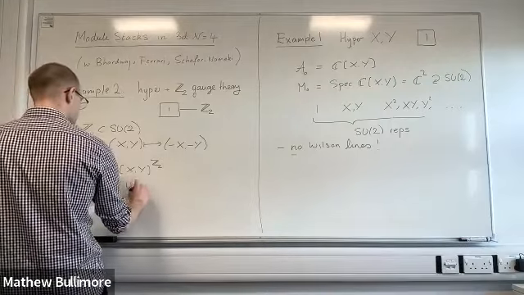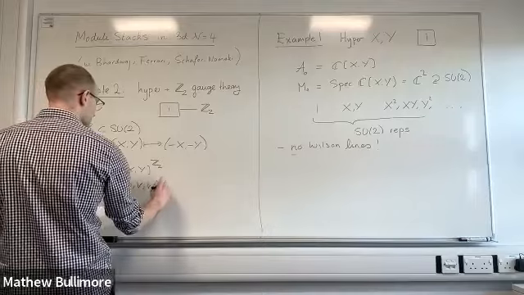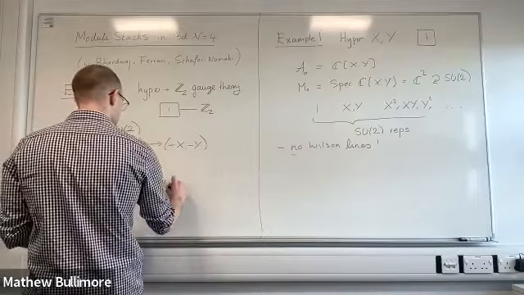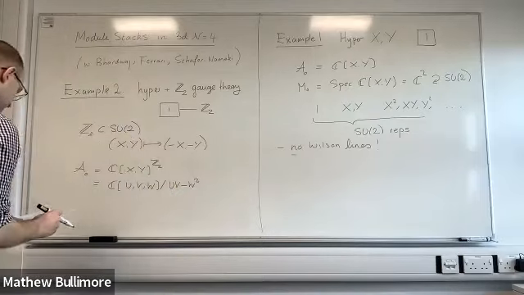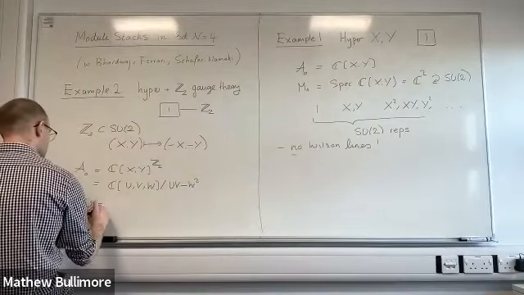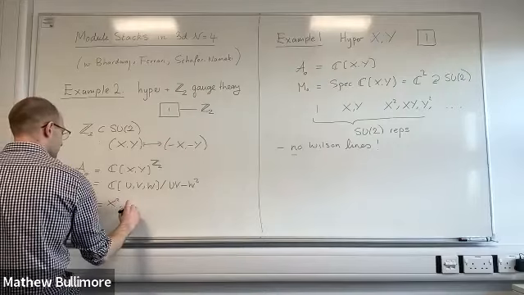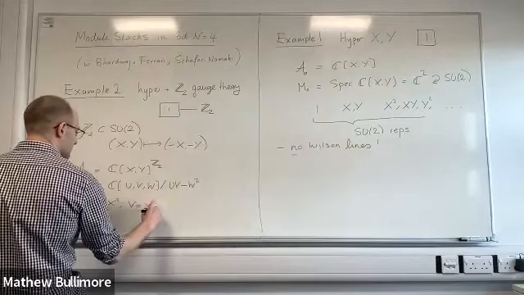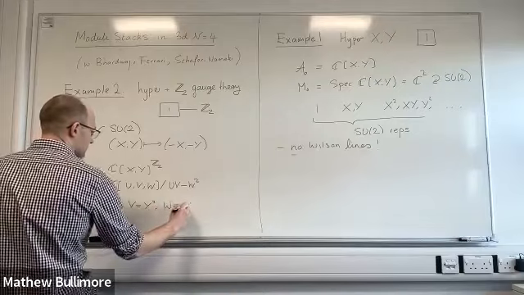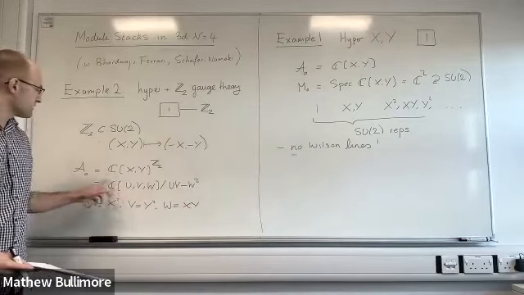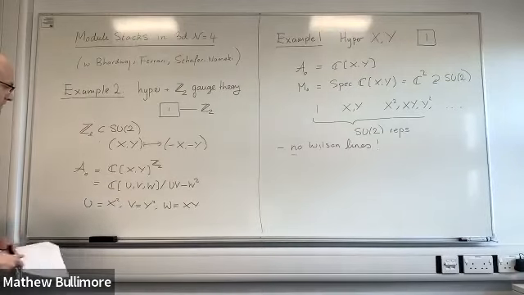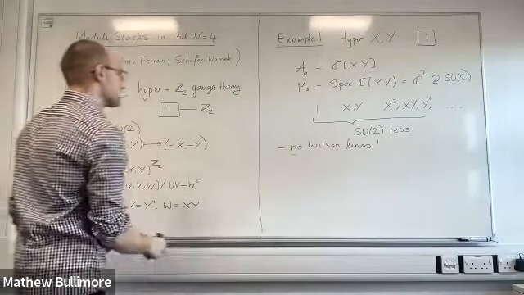You have polynomials in 3 variables, u, v, and w, modulo the relation uv minus w squared, where u is x squared, v is y squared, and w is xy. These are the 3 things that are invariant under this action. And they satisfy one relation.